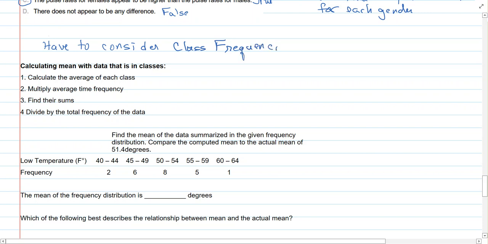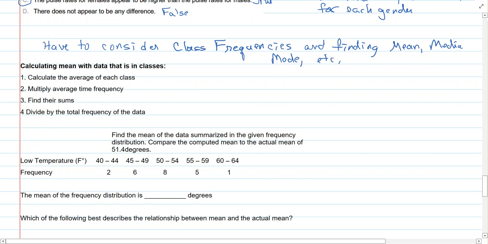Class frequencies. I'm finding the information, finding mean, median, mode, etcetera, from the 5-number summary.